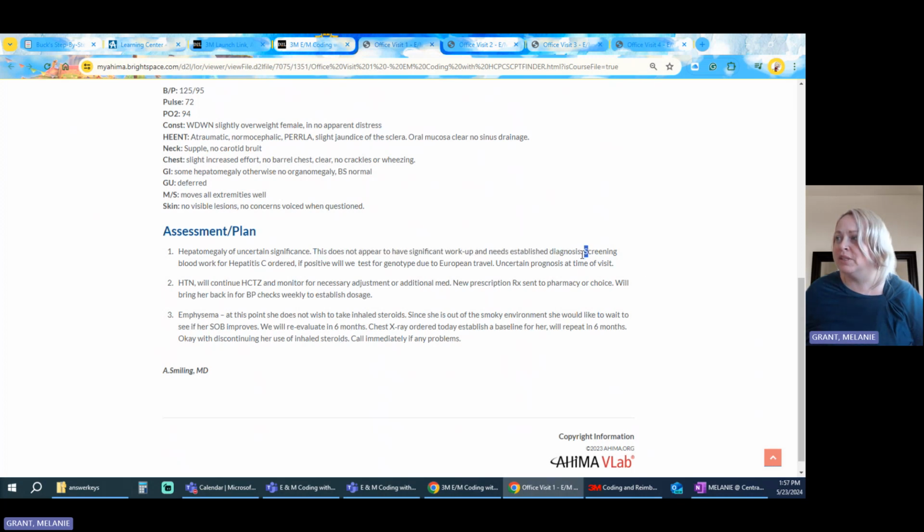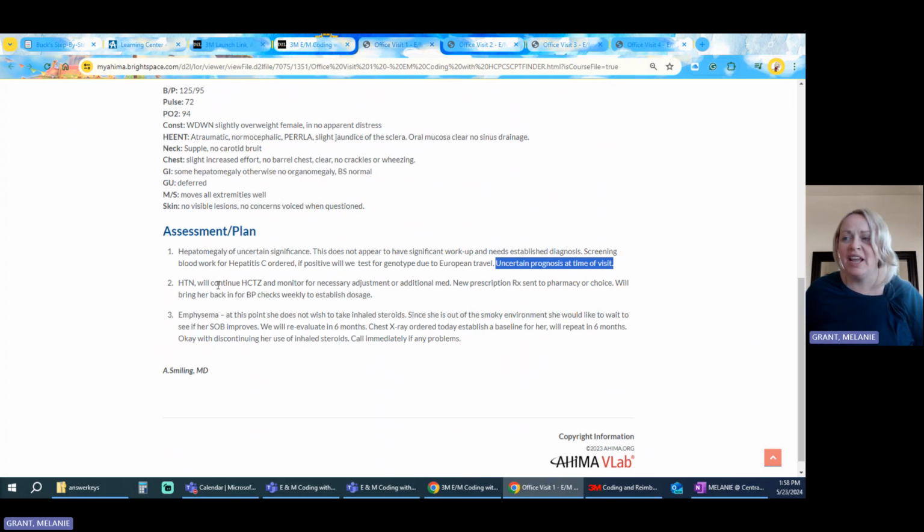The workup they're going to do is a screening blood work for hepatitis C, so that's a lab. If it's positive, we're going to do additional testing. They're saying, let's do the screening first, and if we need to, we'll do additional genotyping, which is a more expensive lab test. Until I find that out, I don't know the prognosis, so we'll need them to come back, obviously.